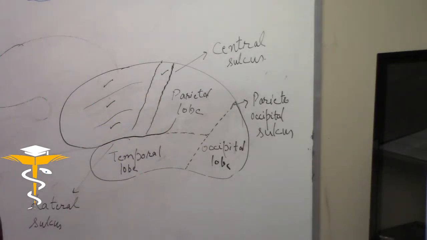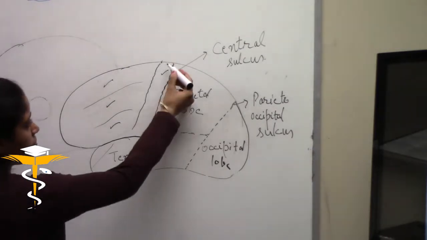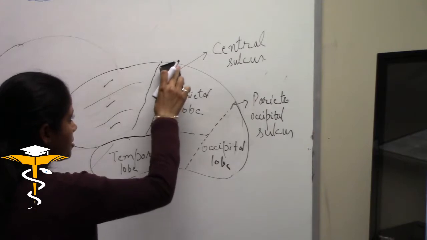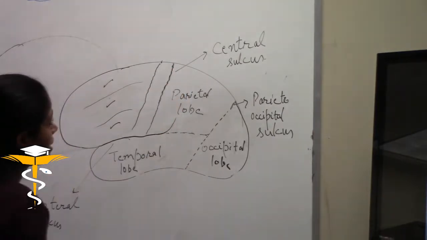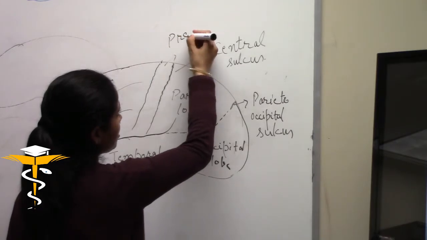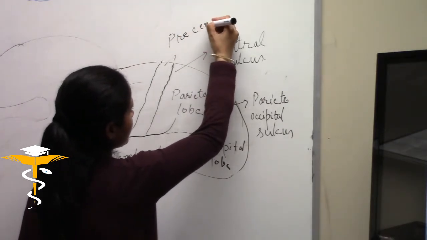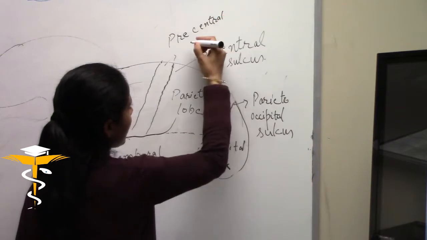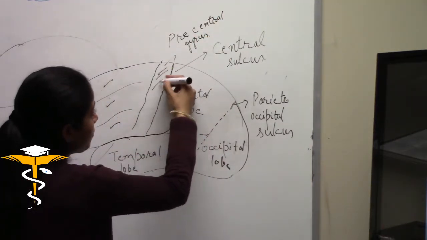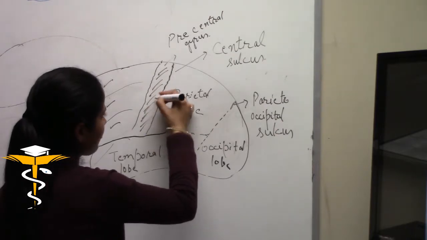And what is the main function of the precentral gyrus? This is very important; you should know this in the frontal lobe. This precentral gyrus is basically the primary motor area of the brain.